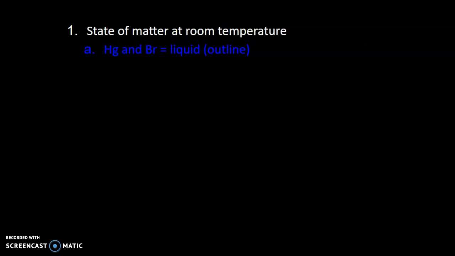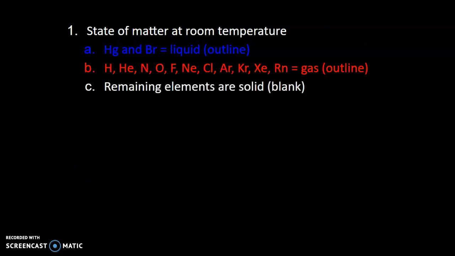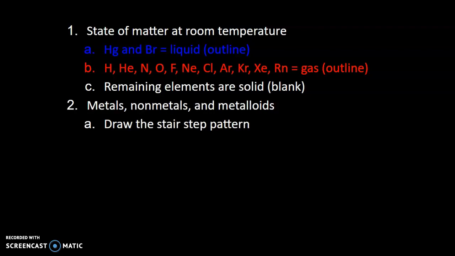So state of matter: only 2 liquids, gases, and the remaining are solids. And then coming to metals, metalloids, and non-metals based on composition, draw this stair-step pattern. You should be able to know what the stair-step pattern is.